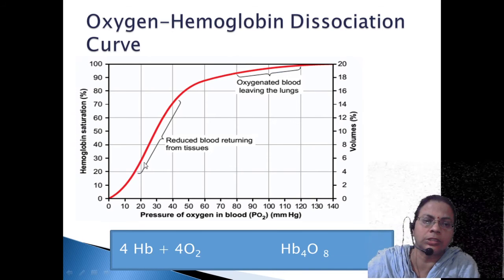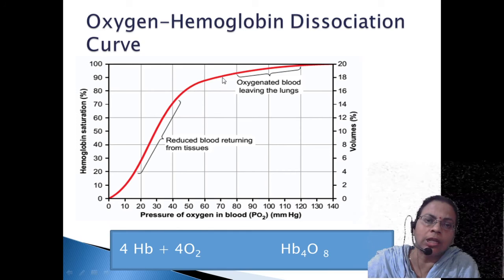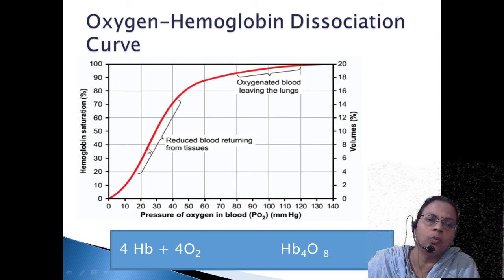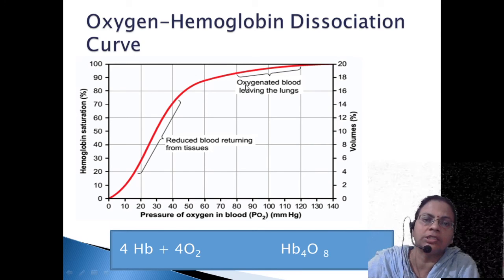We can say this one is in the tissues, where the oxyhemoglobin will dissociate. In the tissues the partial pressure of oxygen will be less, so the oxyhemoglobin from the blood will deliver oxygen into the tissues. But when it goes to the lungs, the partial pressure of oxygen in the lungs is very high, whereas in the blood the partial pressure of oxygen is very less.